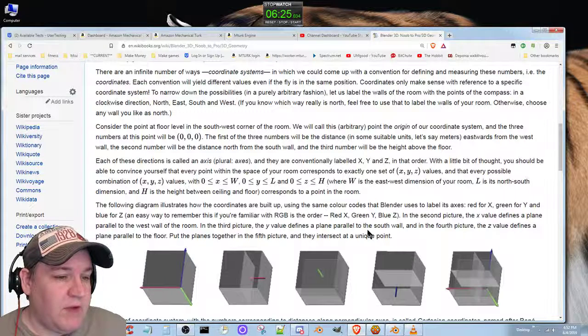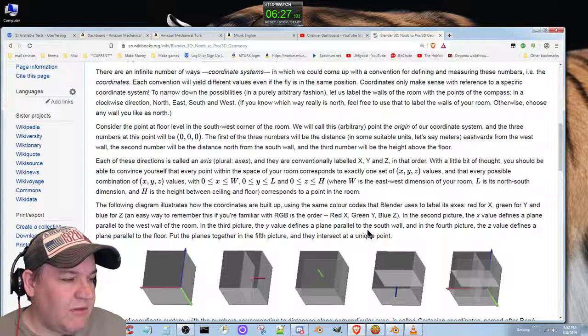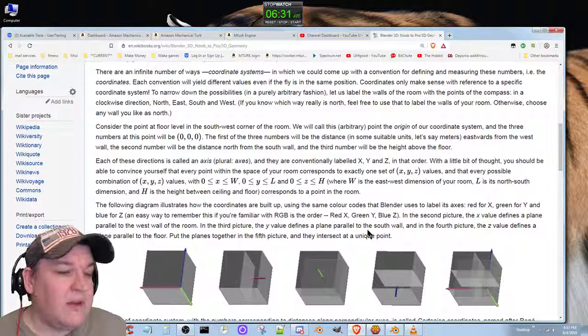With a little bit of thought, you should be able to convince yourself that every point within the space of your room corresponds to exactly one set of X, Y, Z values.